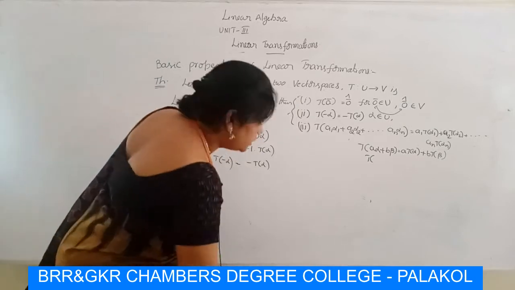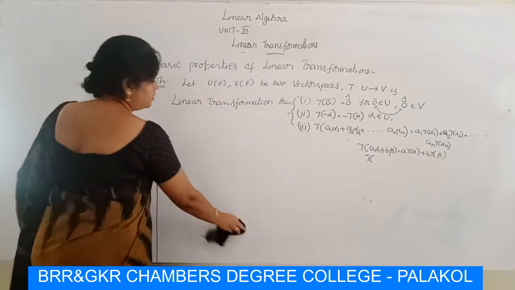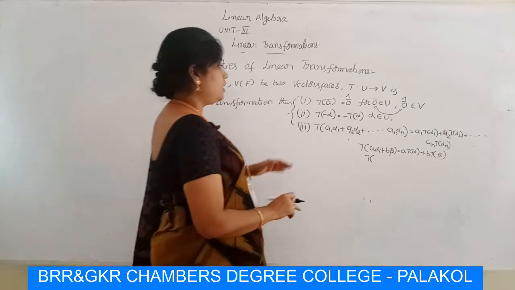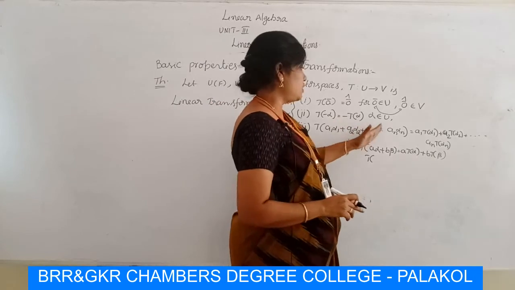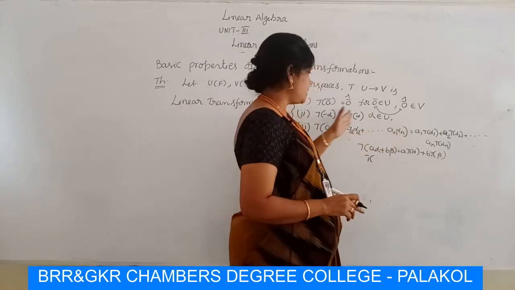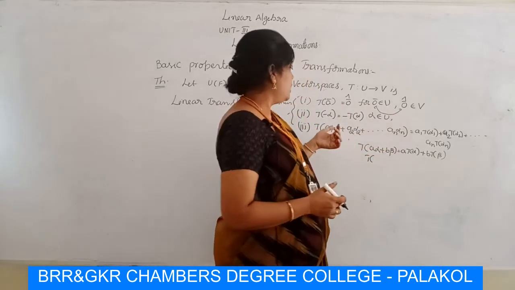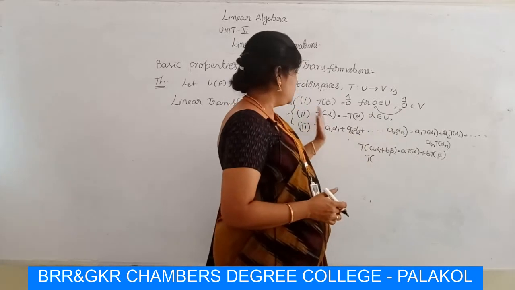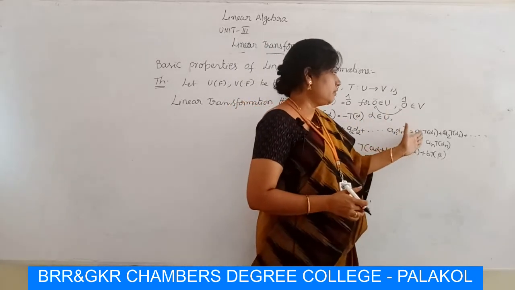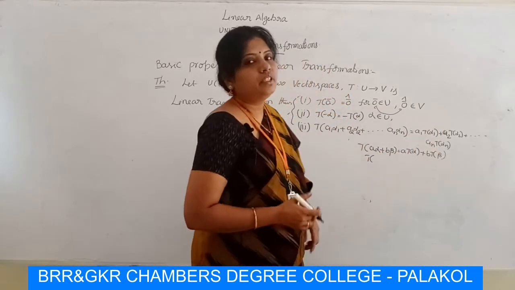Now the third one is defined by T of A1 alpha 1 plus A2 alpha 2 plus and so on An alpha n. It is the sum of n vectors. It is called a linear combination of the vectors alpha 1, alpha 2 and so on alpha n. So T of it is equal to A1 into T of alpha 1 plus A2 into T of alpha 2 plus and so on An into T of alpha n.